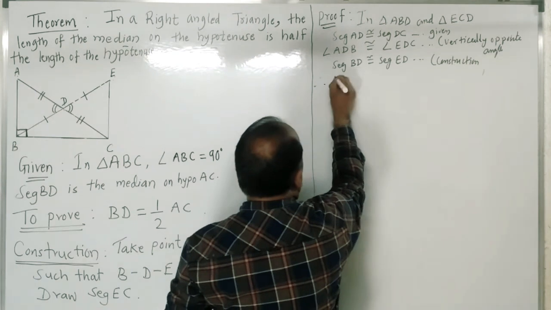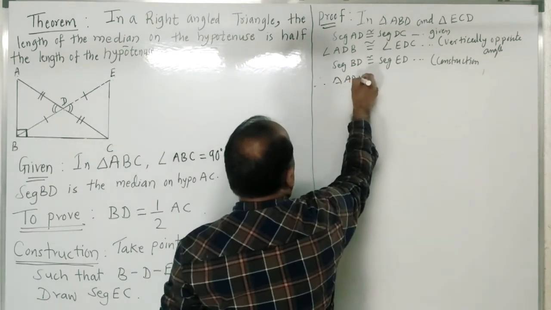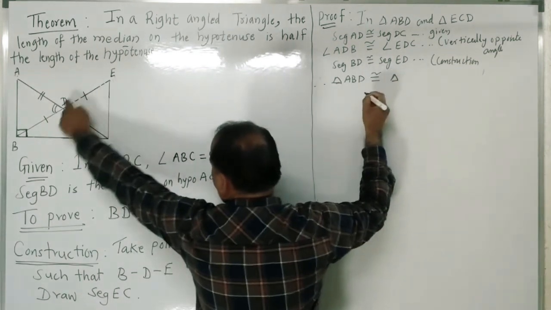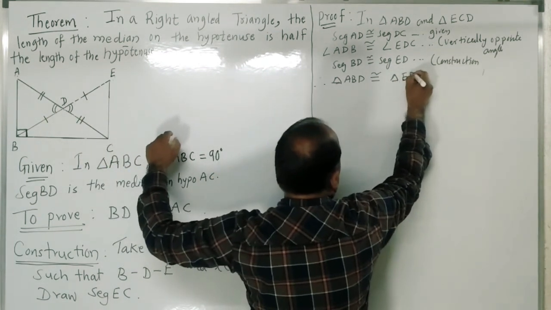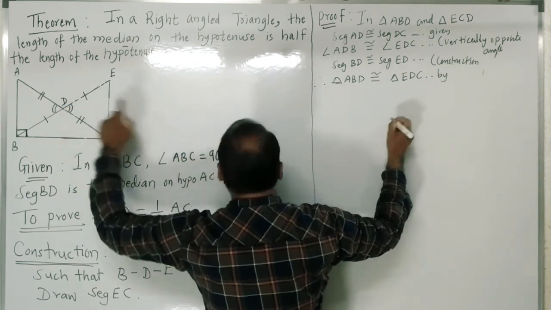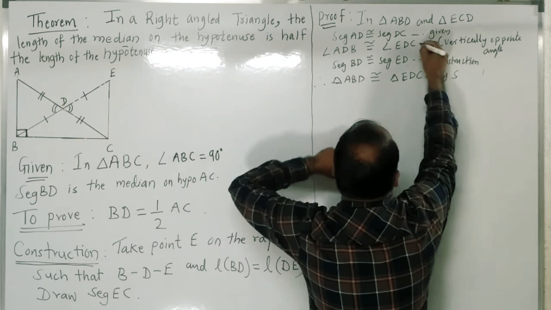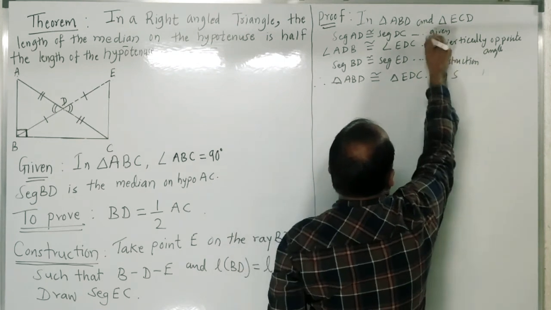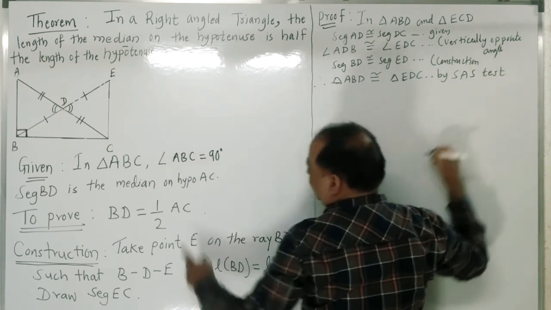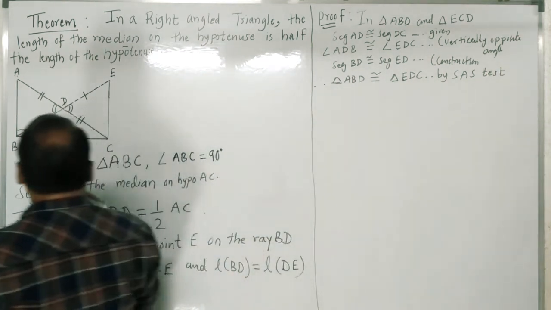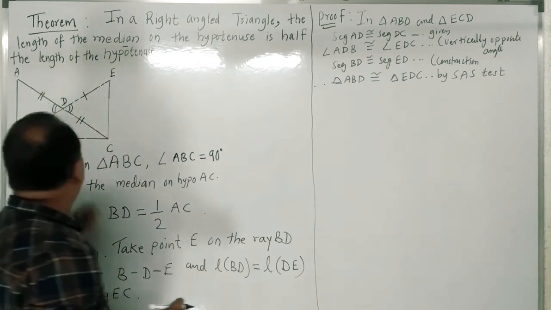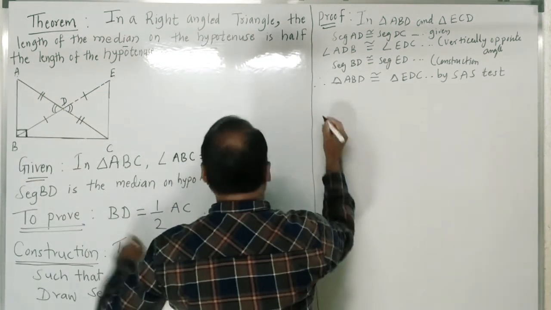Therefore, triangle ABD is congruent to triangle EDC by the side-angle-side test, that is, two sides and the included angle. Now these two triangles are congruent, so corresponding sides of the triangles are also congruent and corresponding angles are also congruent.